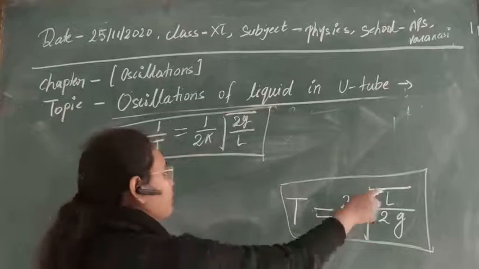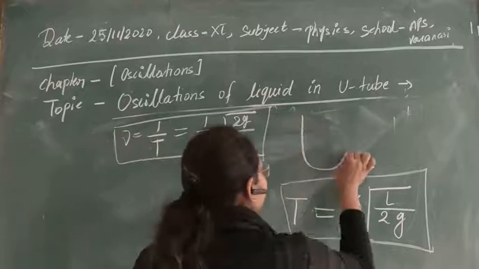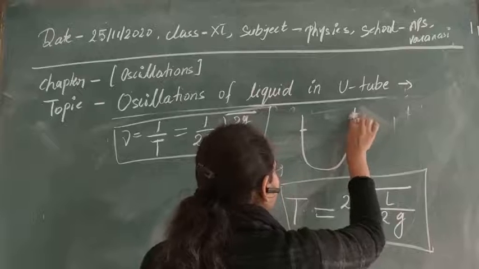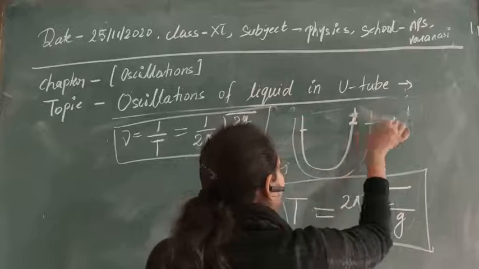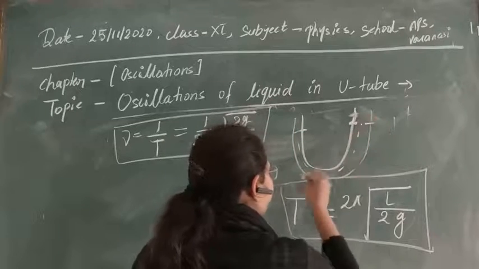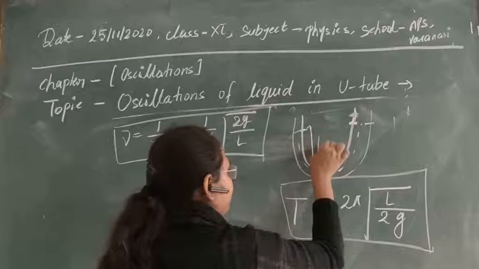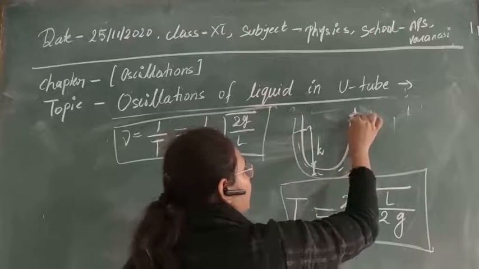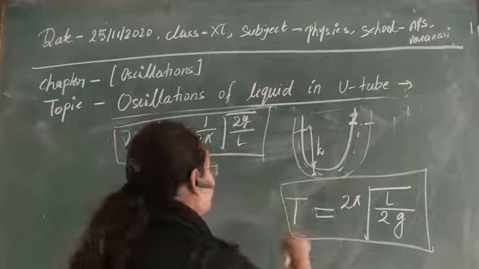Also, suppose we are not able to calculate the total length. This is the U-tube, and this is the liquid that is filled in this system. So this was total L, or we can take it in terms of height. Suppose the height on each side is h, then the total length of the liquid column will be equal to 2h.